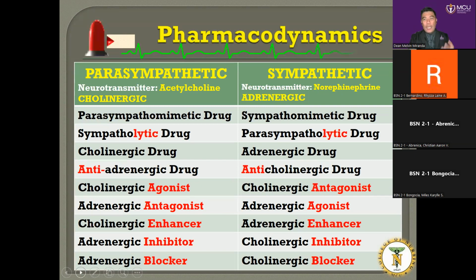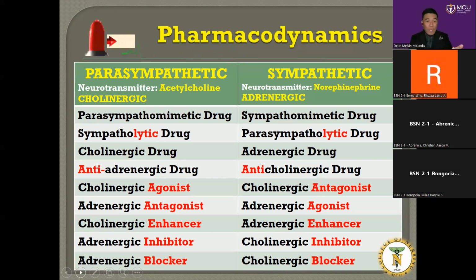Anxiolytic inhibits the further occurrence of anxiety. So lytic means it contradicts. If you encounter a sympatholytic drug, it contradicts sympathetic, then that's parasympathetic.